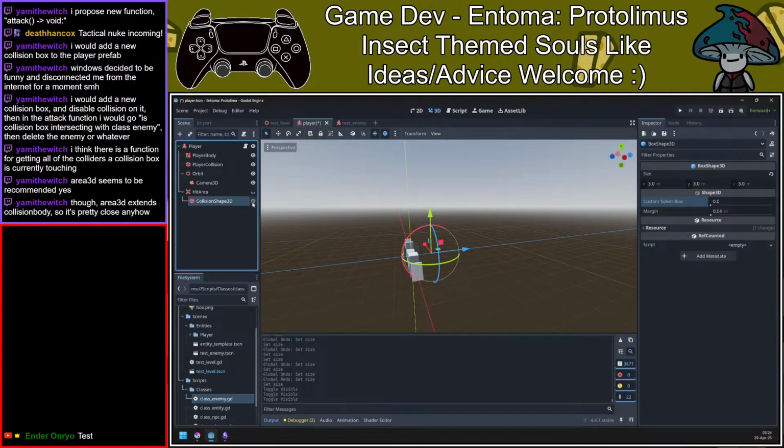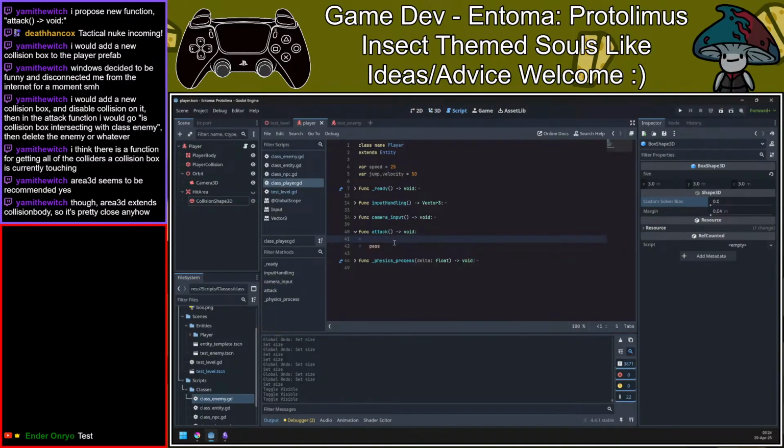Disable it by default. So attack. I guess in this instance, the attack function would just be enable this, wait a certain amount of time, and then disable it.